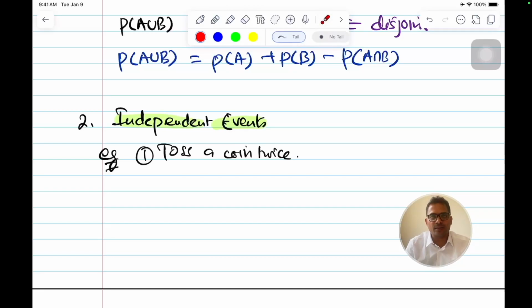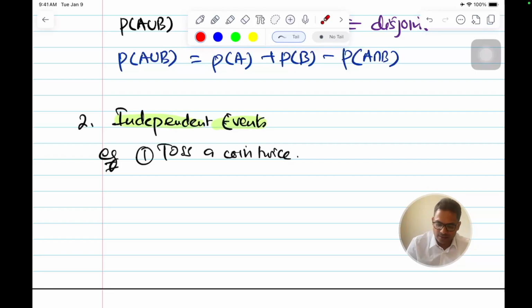Every toss is independent. So the first toss, that is event A, is independent of the second toss and vice versa. If I toss the same coin a second time, I don't know what will happen. So these two events, the first toss and the second toss, are independent events.